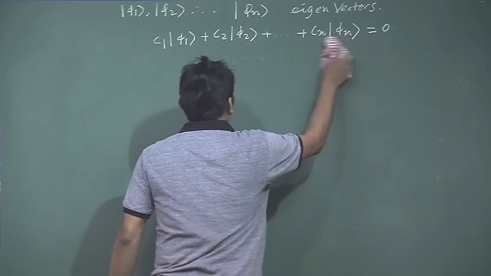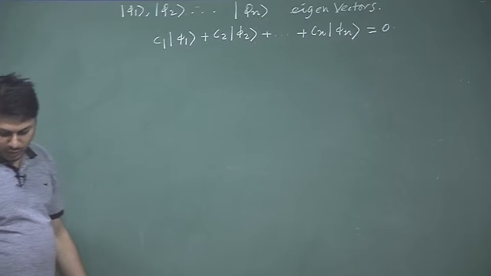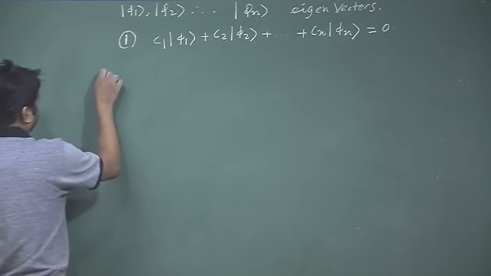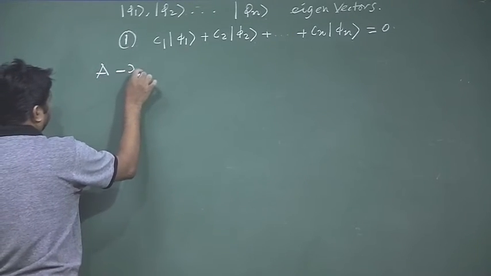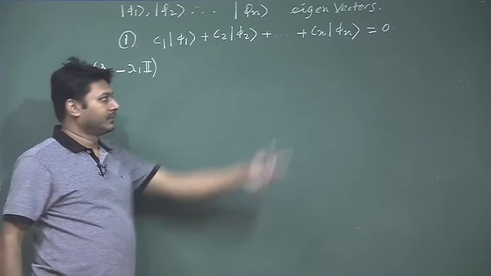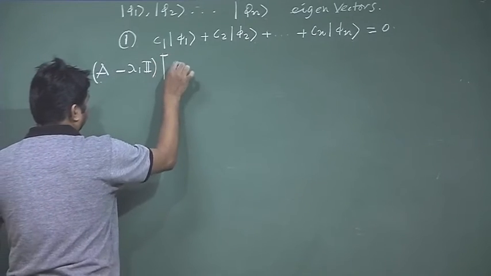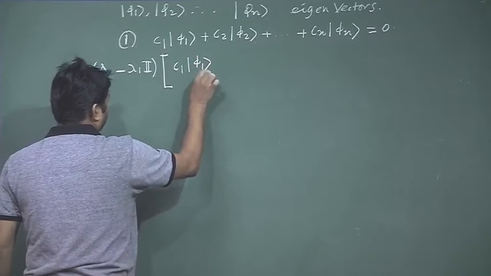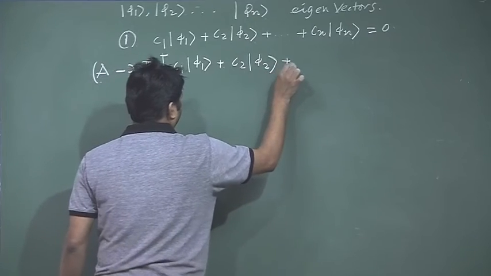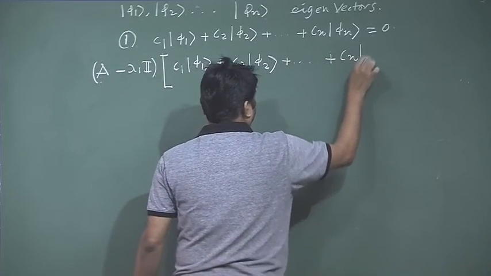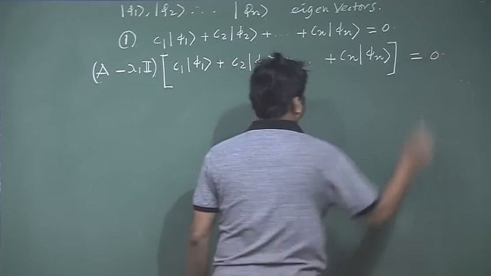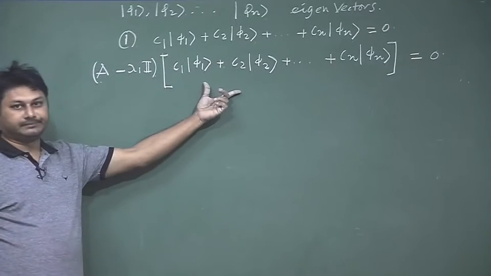How to do that? Say this is equation 1. I will operate A minus lambda 1 I over C1 phi 1 plus C2 phi 2 plus up to Cn phi n equals 0.